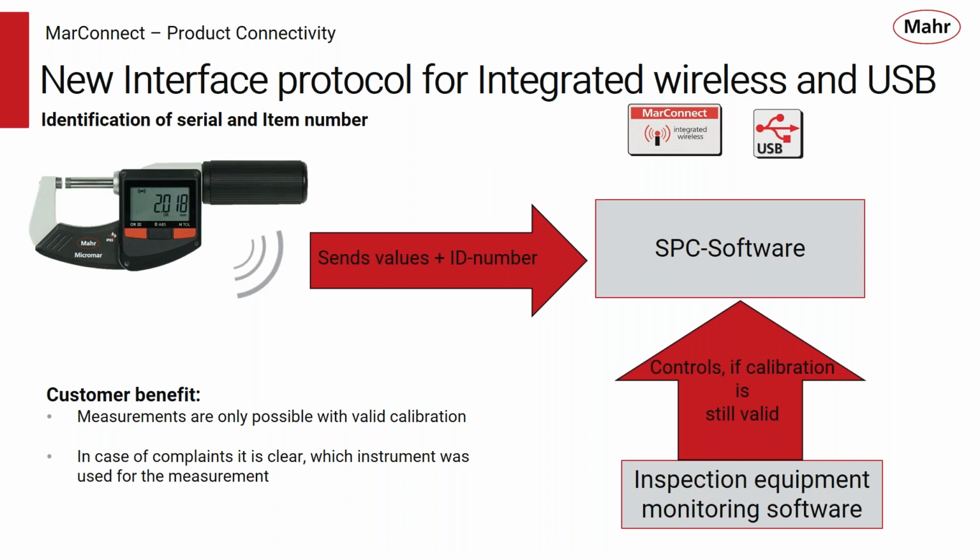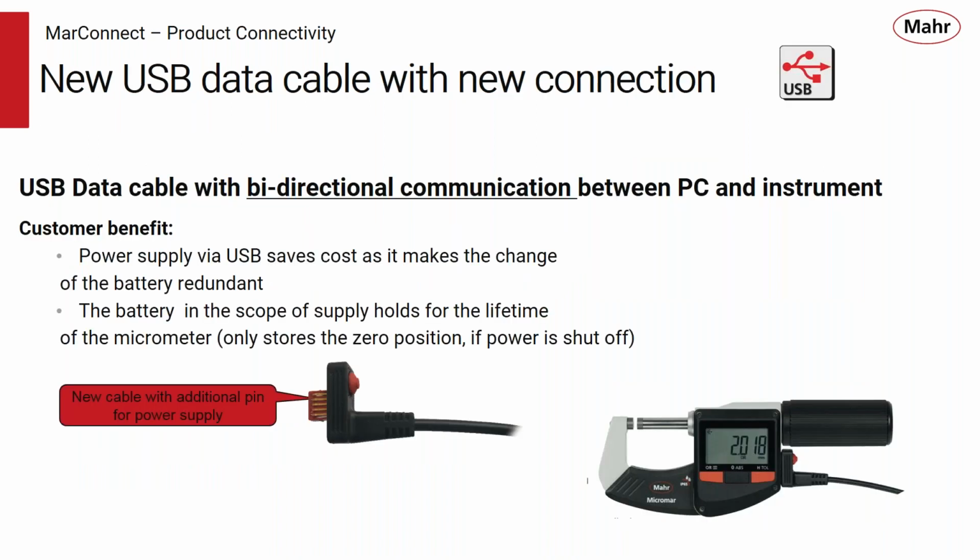Since the gauge number is there, that can now be traced to when the last time it was calibrated or the last time it was serviced. And now you're filling in that whole loop between data collection, knowing when it was done, and knowing which instrument did it, all towards better documentation for your measurements.